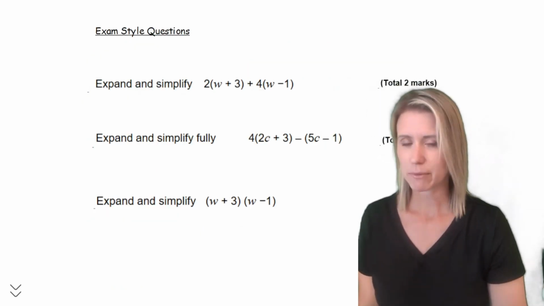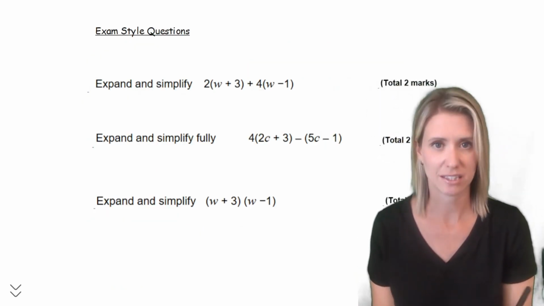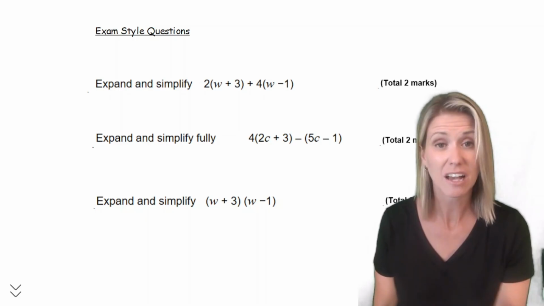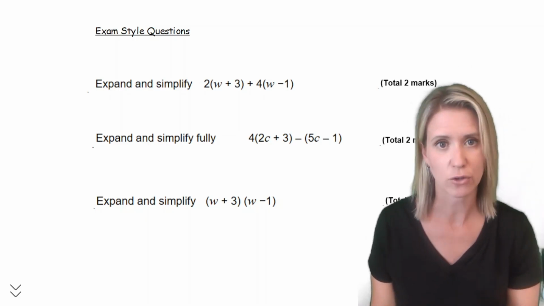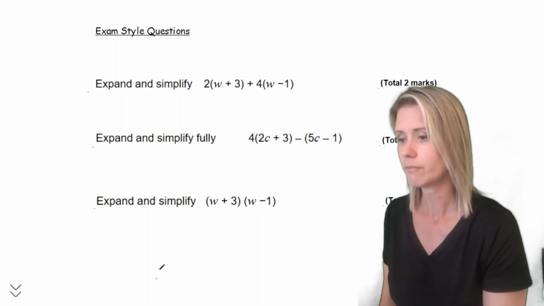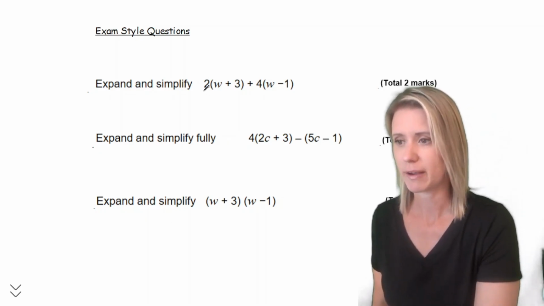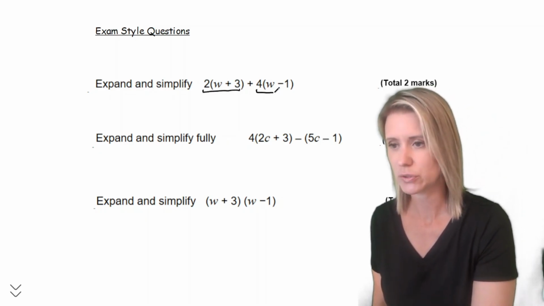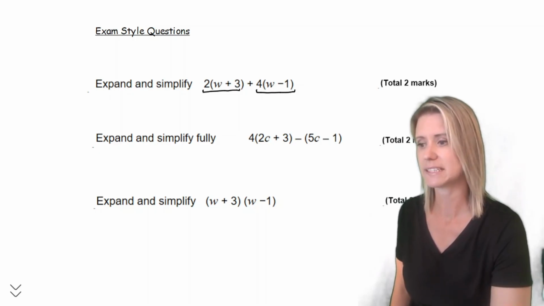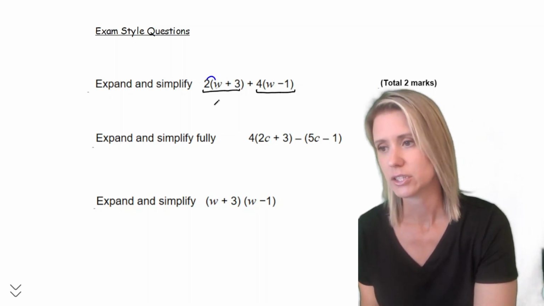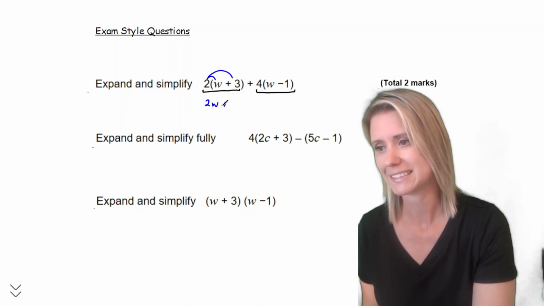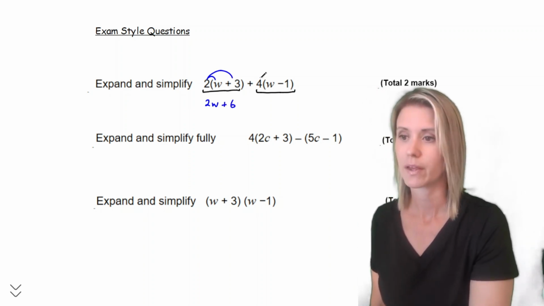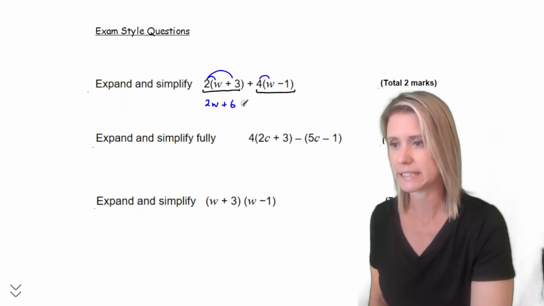Okay, on to the exam questions. You will see they are so similar to the type of questions we've been doing, but let's just cover them. Maybe you want to pause the video now and give these a go on your own before checking your answers with me after. So expand and simplify. Once again, can you identify, look, it's two single brackets there that we need to expand and then combine them together. 2w to start with, 2 multiplied by 3 is 6. 4 multiplied by w is 4w.